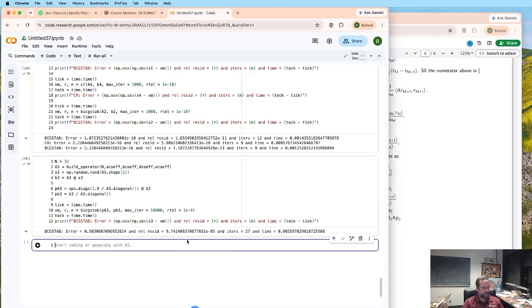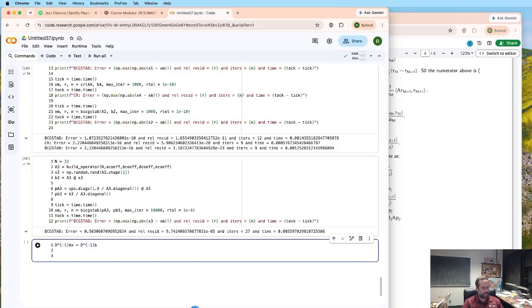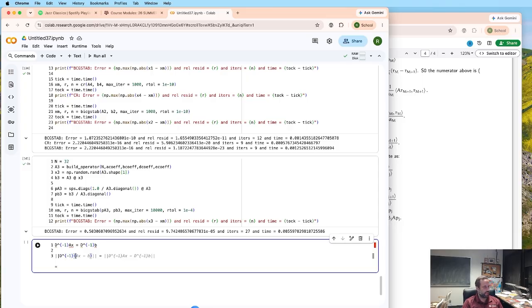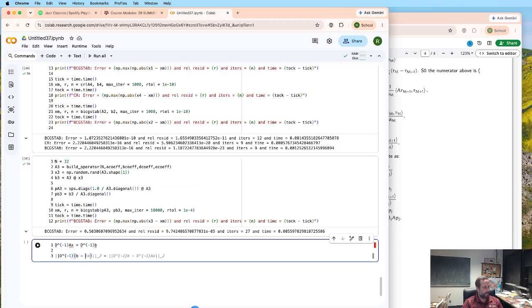The issue is that we are solving the system D inverse Ax = D inverse b. So when we compute the residual, what gets computed is really D inverse times (b minus Ax).